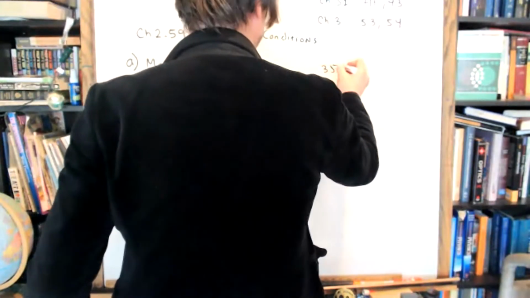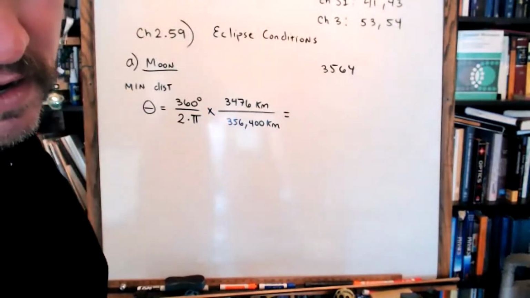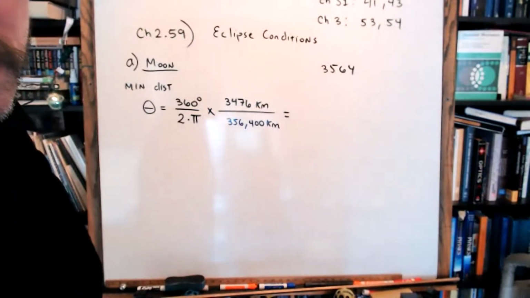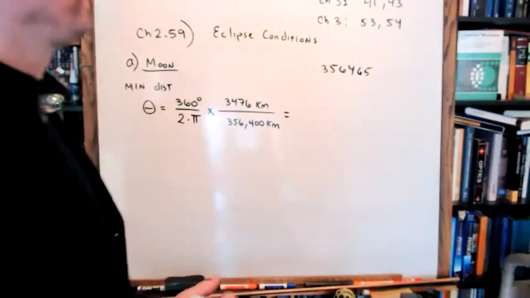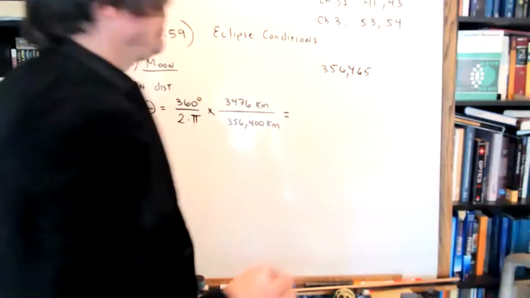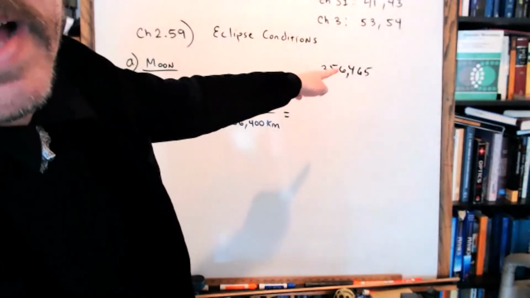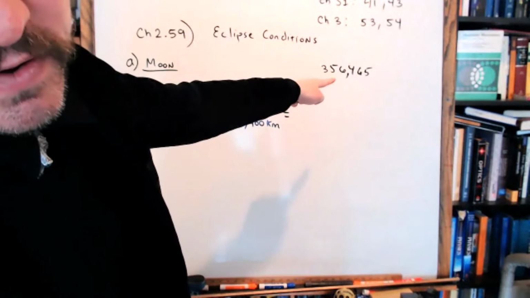Let's say it was 356,465. Then this number has 6 significant figures.